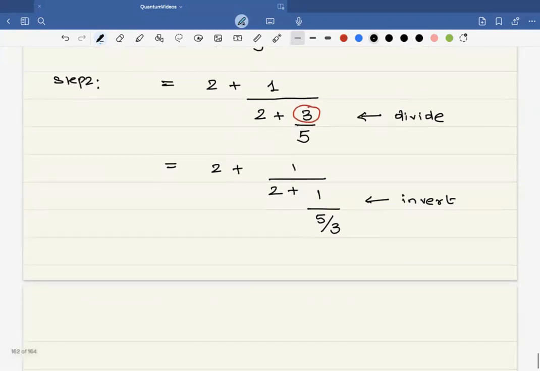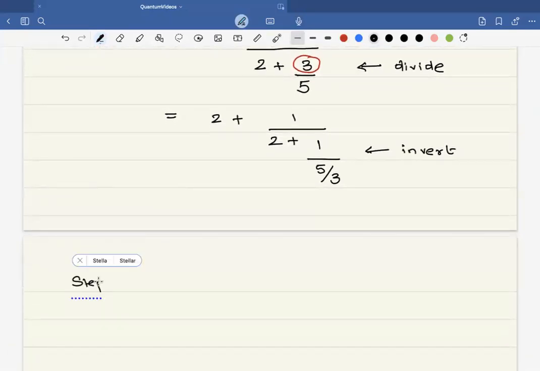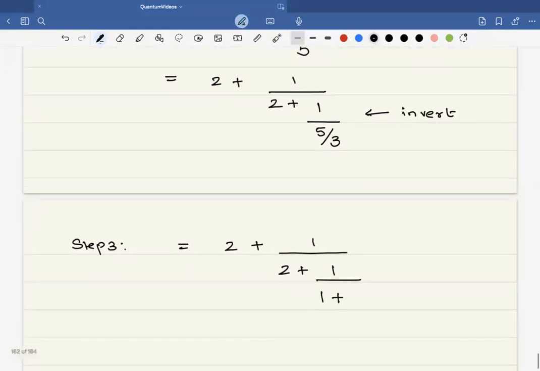Okay, now step 3. So we have come to this. Now again, we'll first divide. This is plus 1 over 2 plus 1 over 1 plus 1 plus 2 over 3.